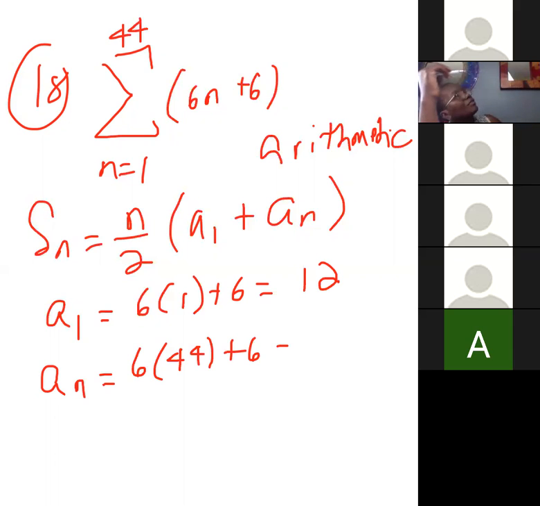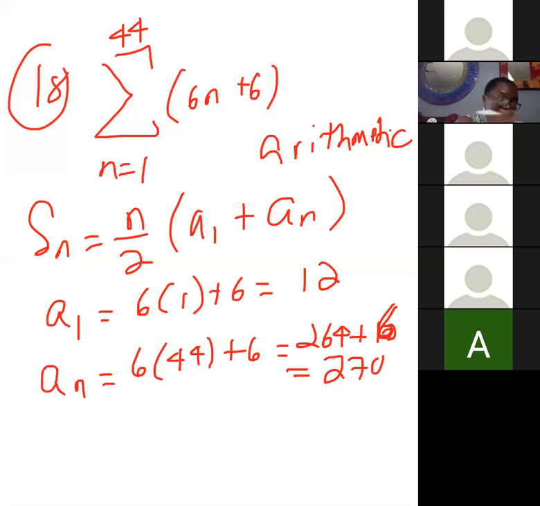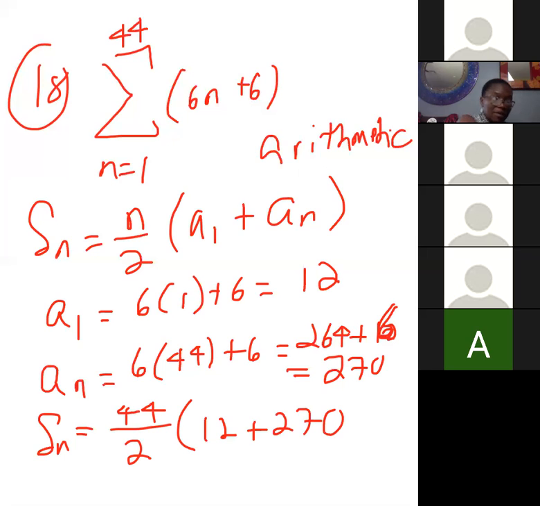What's 6 times 44, guys? 240 plus 24, so that'll be 264, plus 6. So 270 is the term. So I'm going to go into the formula: 44 divided by 2 times 12 plus 270.